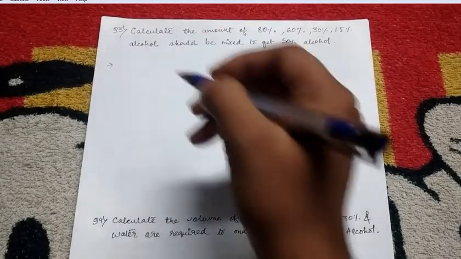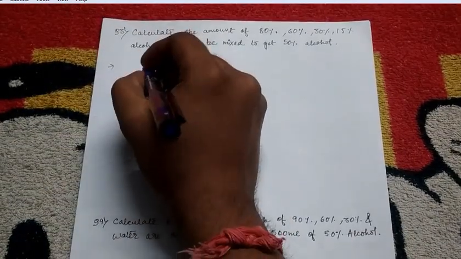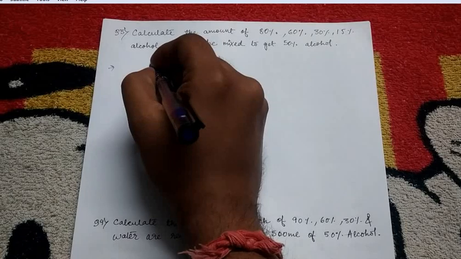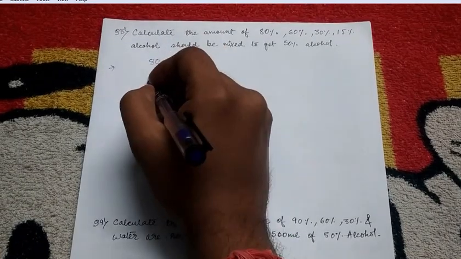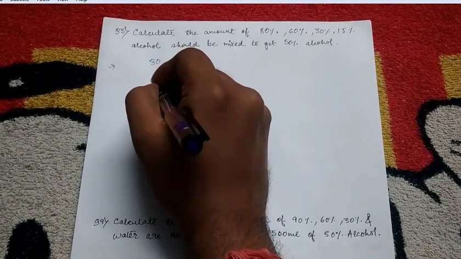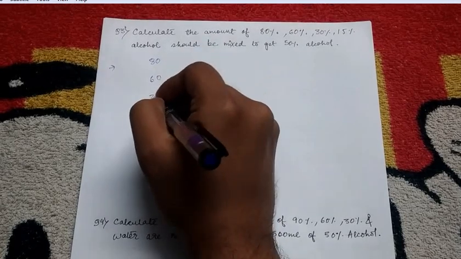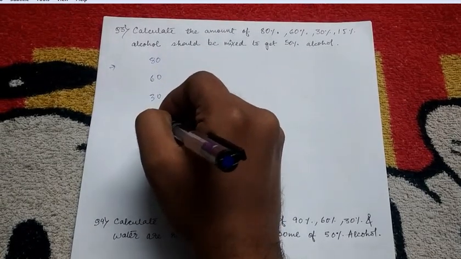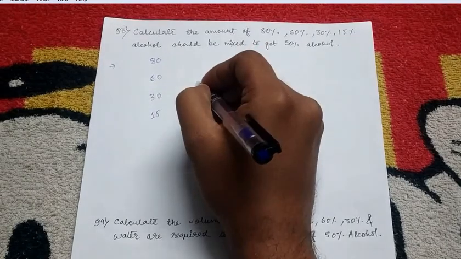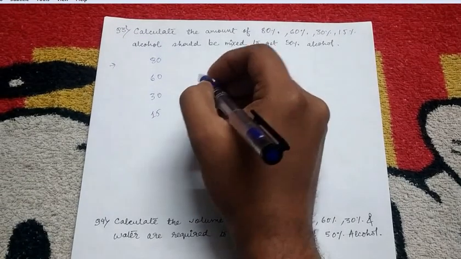So this we can say by alligation method, 80% the highest percentage, then 60, then 30, then 15, and the required percentage is 50.